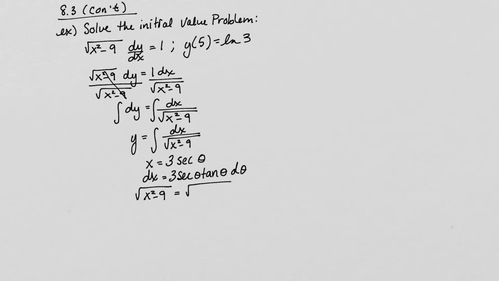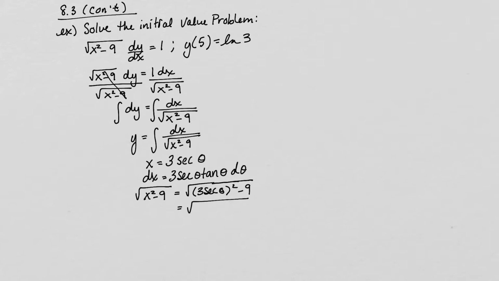And then I also have to figure out the square root of x squared minus 9. So that's going to be the square root of 3 secant theta squared minus 9.